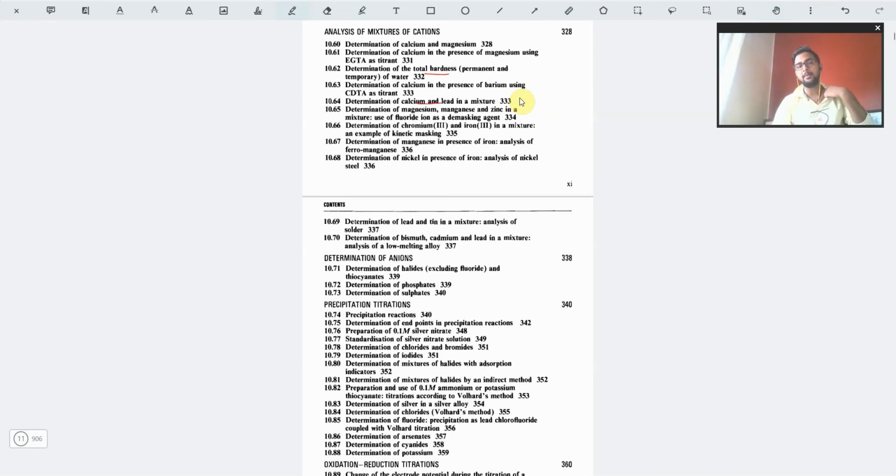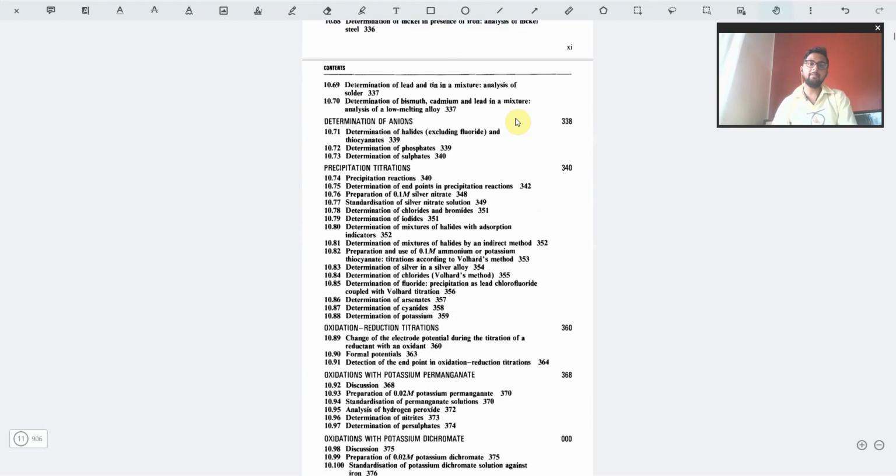Then we have calcium and lead in a mixture, calcium, magnesium, zinc in a mixture, and chromium, iron in a mixture. All these kinds of mixtures you have already done in your practical classes. We have already performed these practicals with our own hands, so you won't be facing any problem studying these concepts over here.